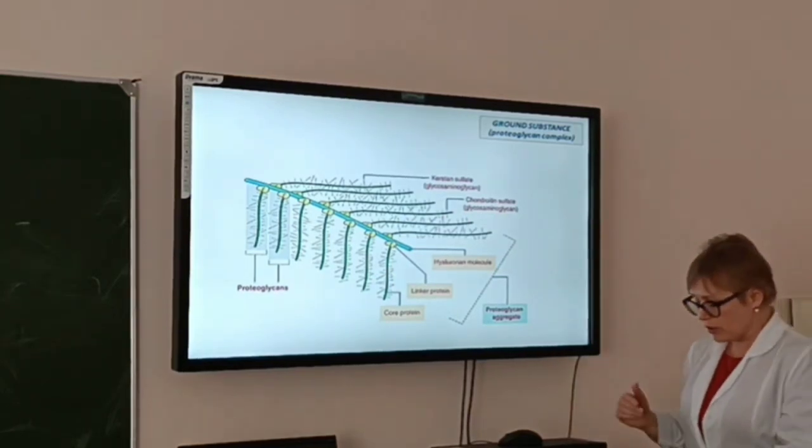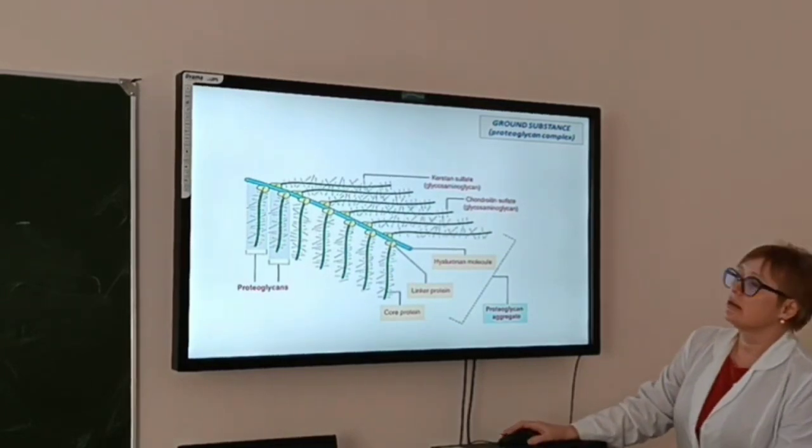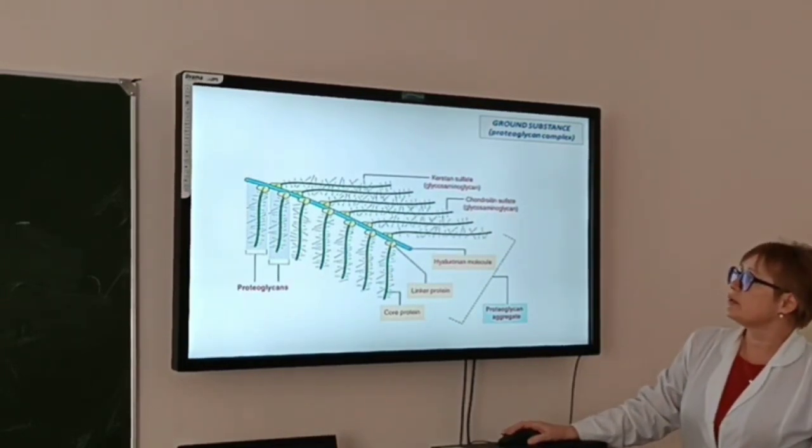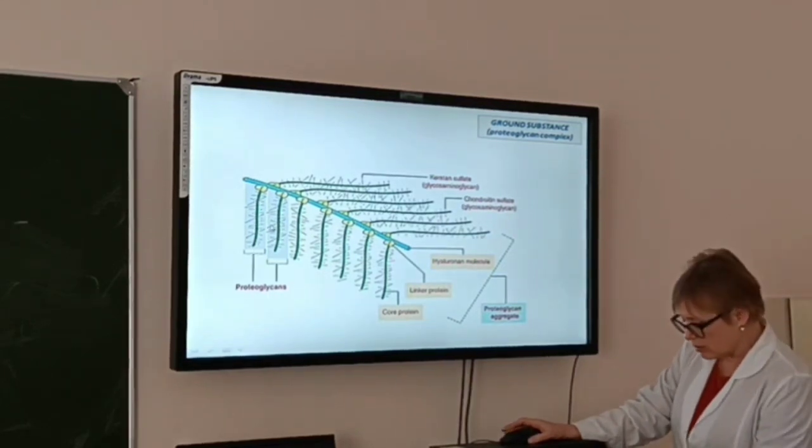In loose connective tissue we can find only proteoglycans, with such molecules, glycosaminoglycans plus protein.